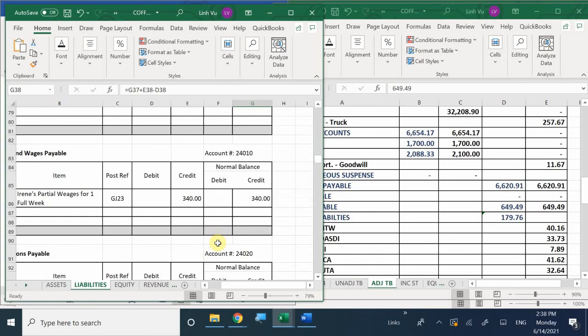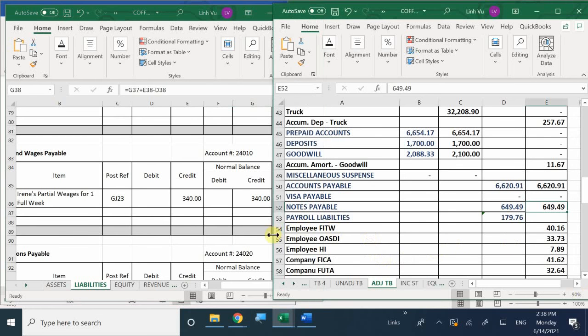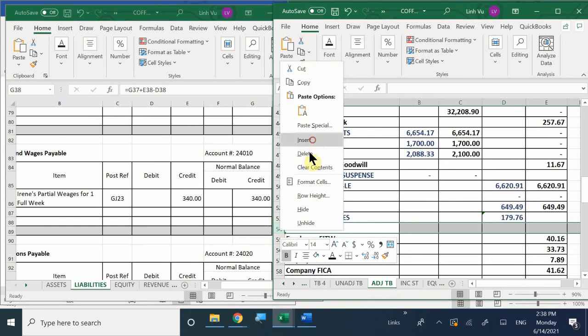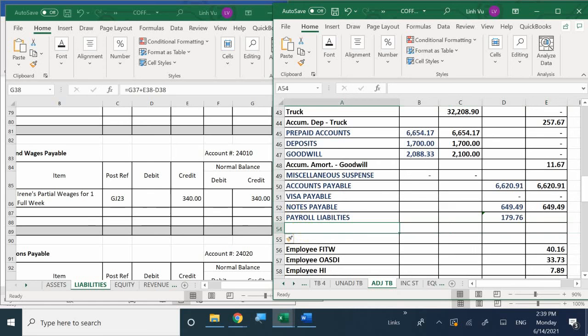Here I added 2 more accounts, because I accrued for Irene's salaries, and I also accrued for commissions.